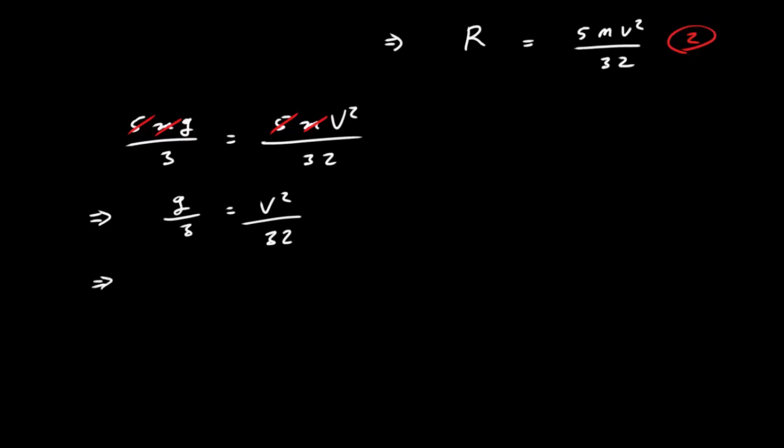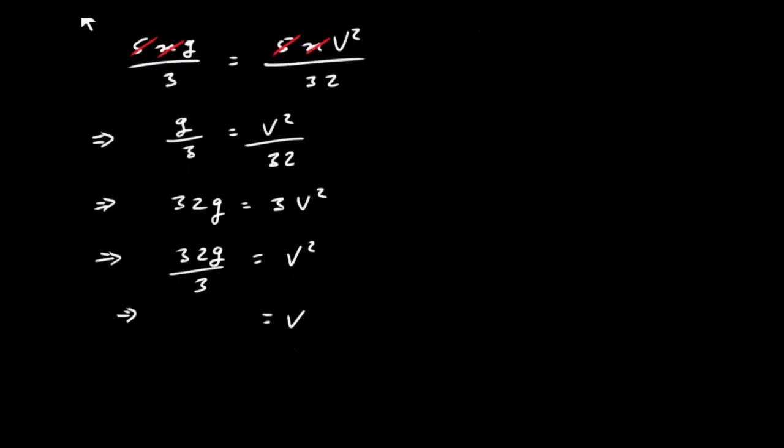Let's cross multiply, so you get 32g is equal to 3v squared. That'll give me v squared is equal to 32g over 3. And finally we have our expression for v, which is the square root of 32g over 3, and this is meters per second.